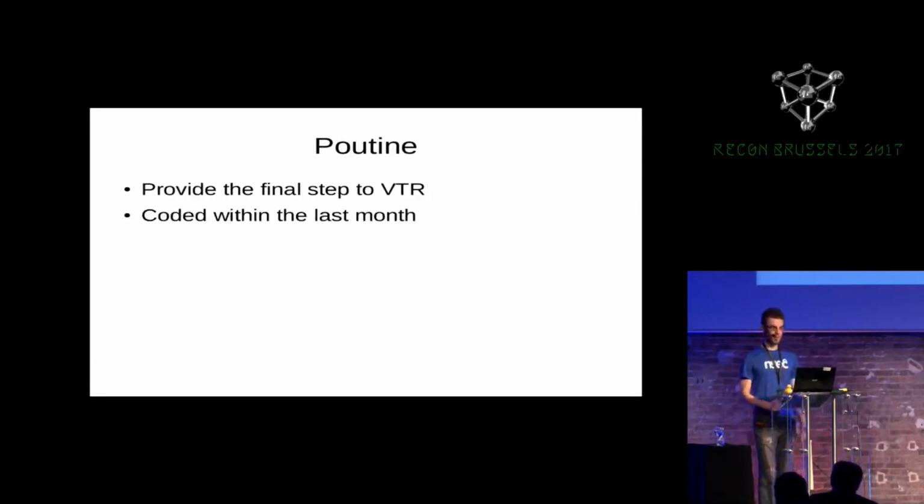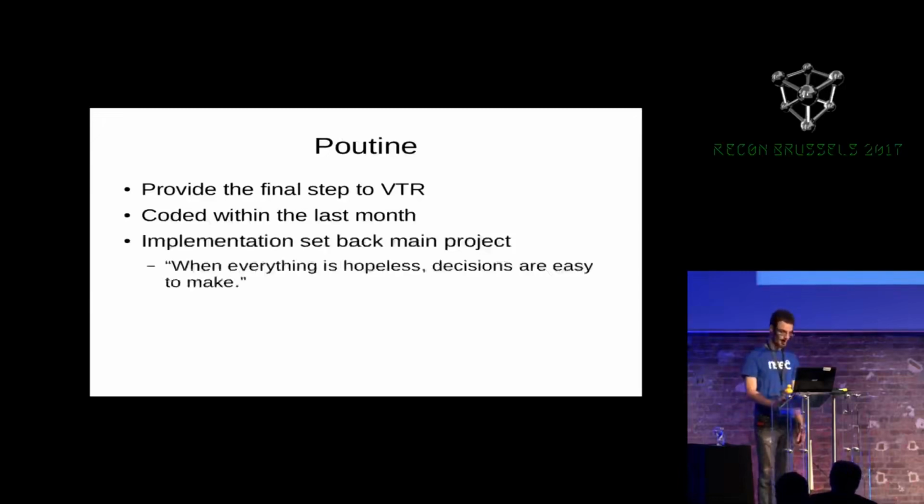It was coded within the last month, and it set back the reverse engineering of the bit files quite a bit, because I didn't expect to have to write so much code and to have to reverse engineer all of the VTR project itself, because, well, it's so well documented.